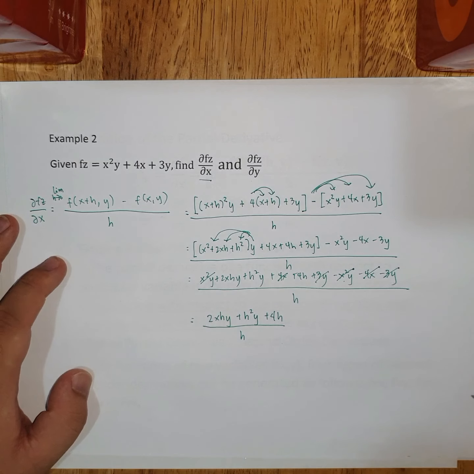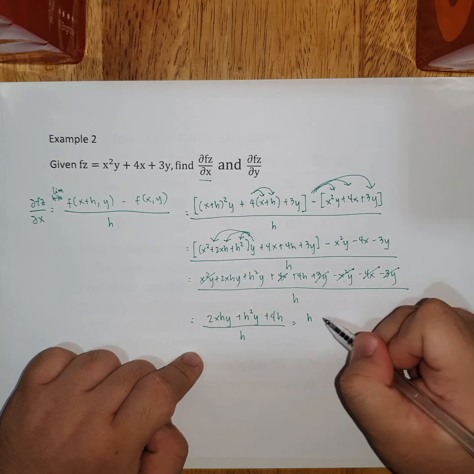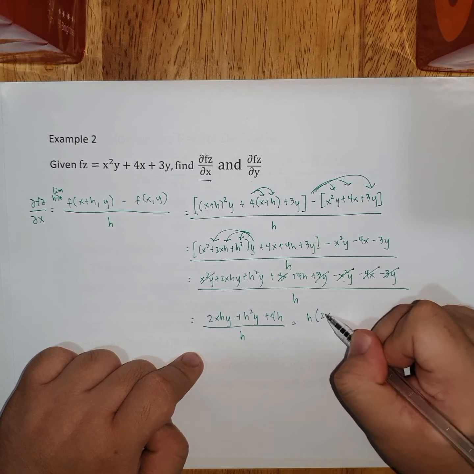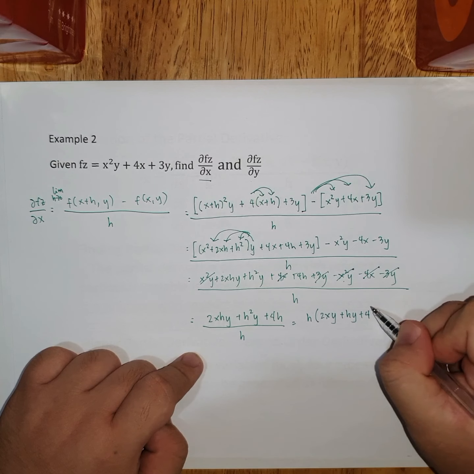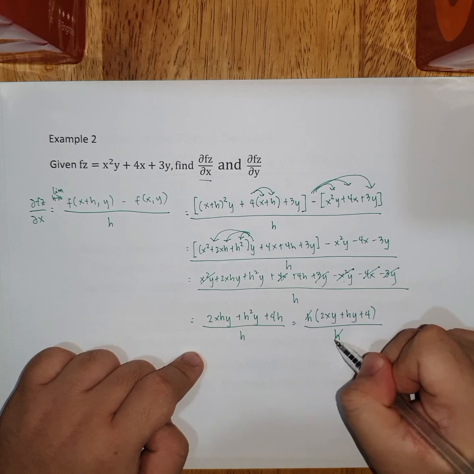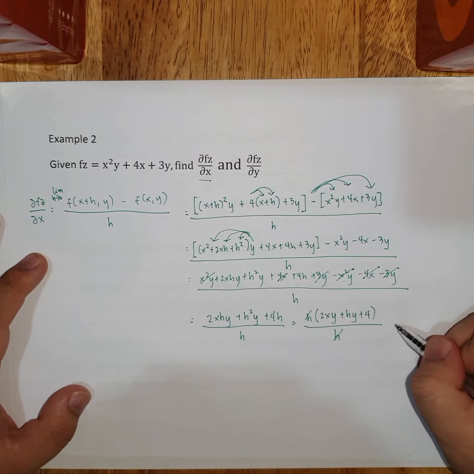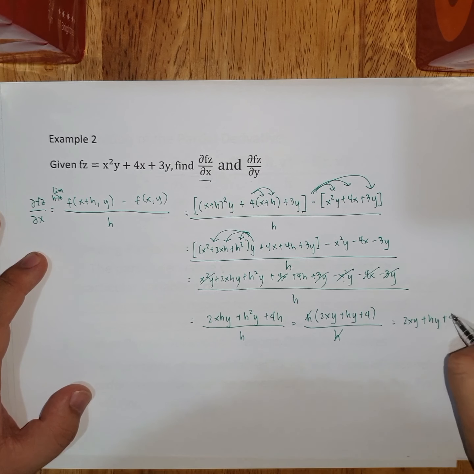Okay? Para to simplify, we can factor out yung h sa numerator. So, h times 2xy plus hy plus 4 all over h. Then, cancel out natin. Finally, may natitira is 2xy plus hy plus 4.